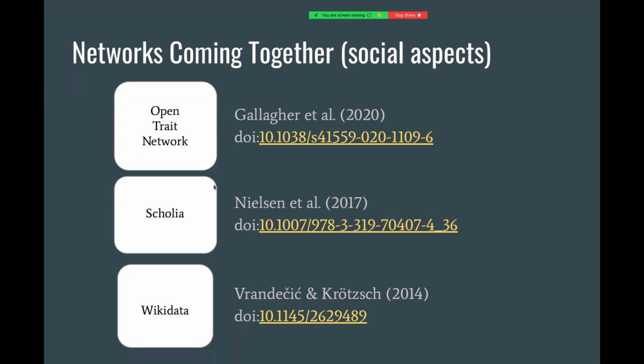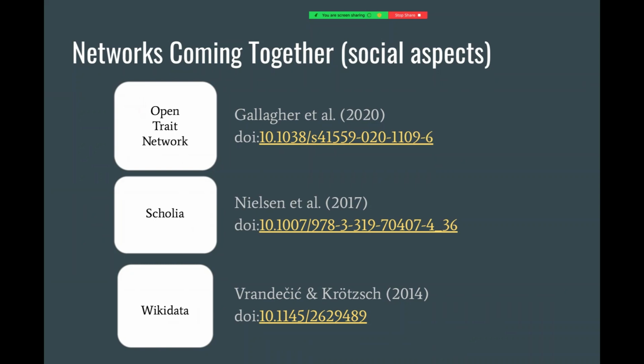In inviting Daniel to the mix, we also added Scholia and Wikidata. The Open Trait Network already had a very basic way to collaborate in the form of a website that can be edited collaboratively through GitHub pages.